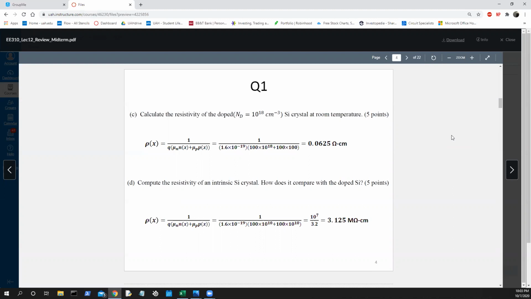You can see that here, or at least in this question, mu n and mu p are equal to 100 and q is equal to q. So the first thing you note is he does what I do, which is always pull q out. He doesn't leave it distributed. And then he multiplies it by the quantity 100 times 10 to the 18th plus 100 times 100. Here's the trick. This obeys the law of mass action.